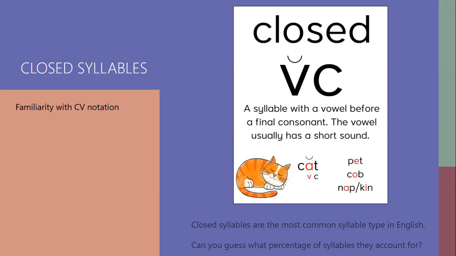What is important about closed syllables is that if we know the vowel is closed off by a consonant, usually that means that the vowel has a short sound. It makes it predictable. And that predictability and giving students the tools to recognize sounds in environments is helping to build reading fluency and eventually comprehension.